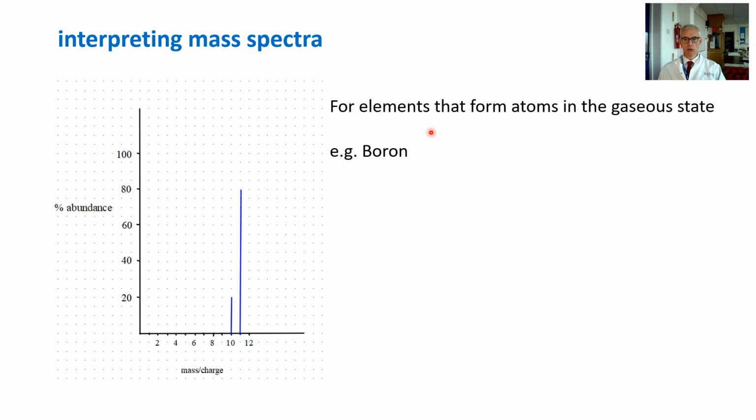So for boron, we see that there are two signals, two peaks, one at mass 10 and one at mass 11. So that tells us boron has two isotopes, one of relative isotopic mass 10 and one of relative isotopic mass 11.